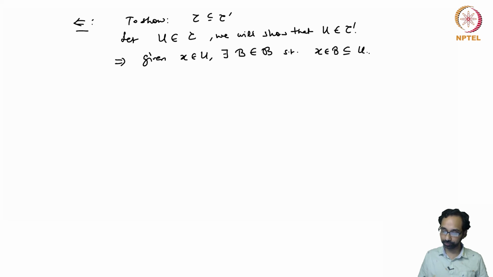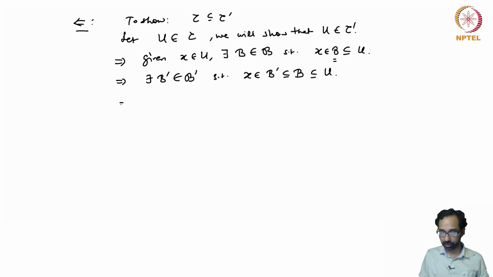And now because we have already assumed that given a basis element and a point inside it, there exists a basis element in B prime which is inside B, there exists B prime in B prime such that x belongs to B prime and it is a subset of B, but B is also a subset of U, right?